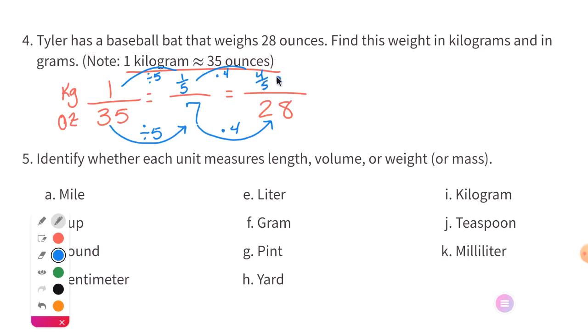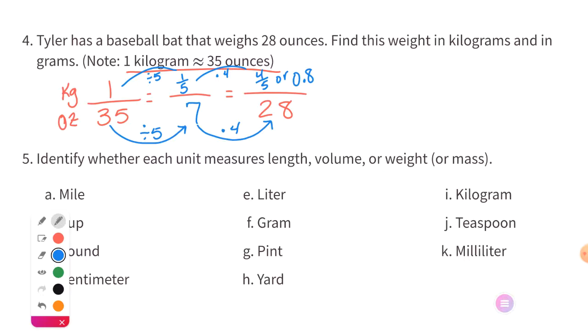Or you could have 0.8. Not 80%. We can't do percents in these, but we can do fractions or decimals. So what does that mean? His bat weighs how much? Hallie? 0.8 kilograms. Yeah, 0.8 kilograms, or you could say 4/5 of a kilogram.